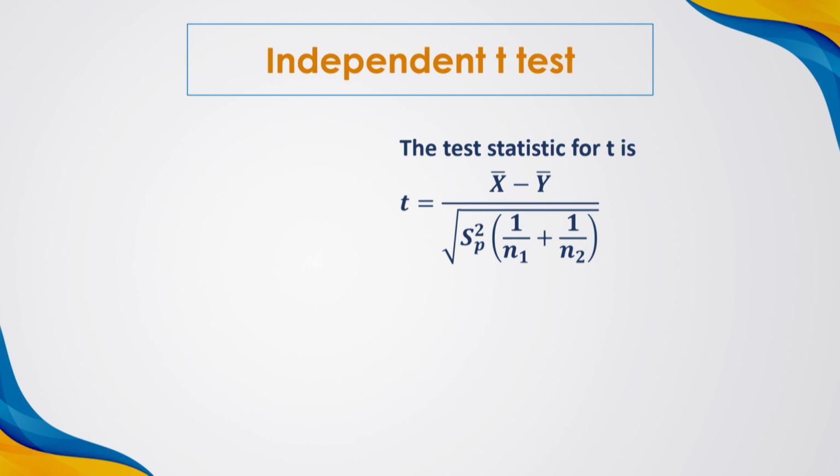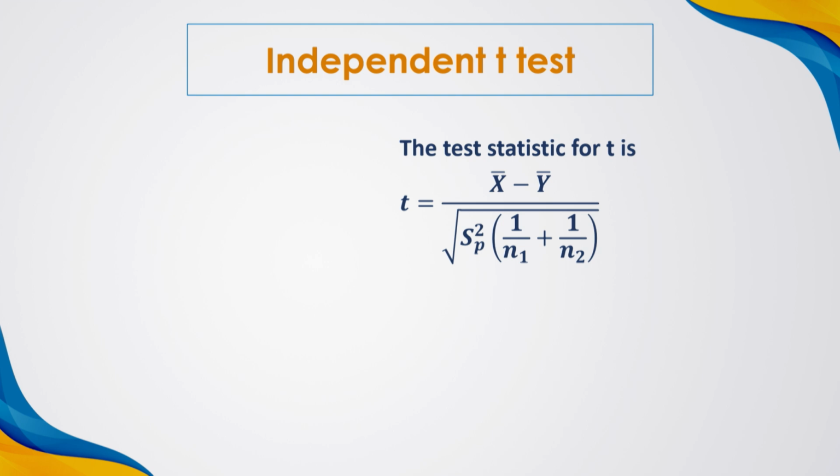So, let us perform the T test for comparing the storytelling audio and musical audio groups. For the independent T test, the test statistic will be T is equal to x bar minus y bar divided by the square root of the standard error of the difference x bar minus y bar.